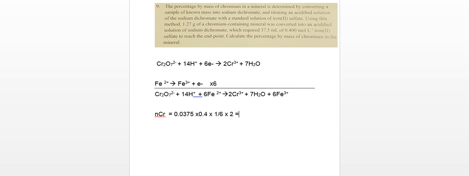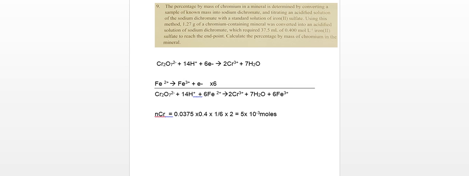This all comes out to be the remarkably round and friendly looking 10 to the minus 3 moles. I'll just make the minus 3 a superscript. Beautiful. So that's how much chromium we have.